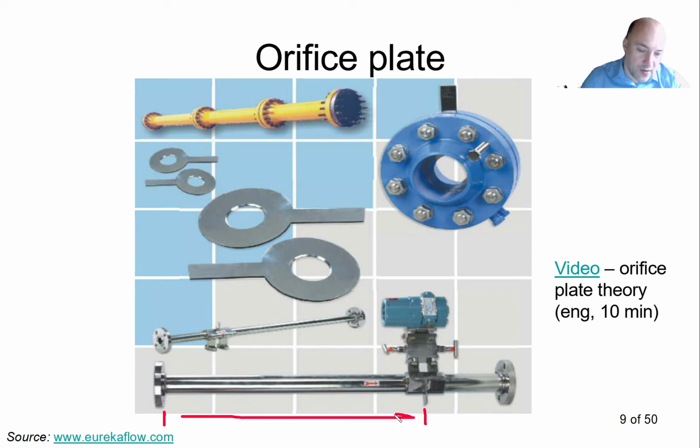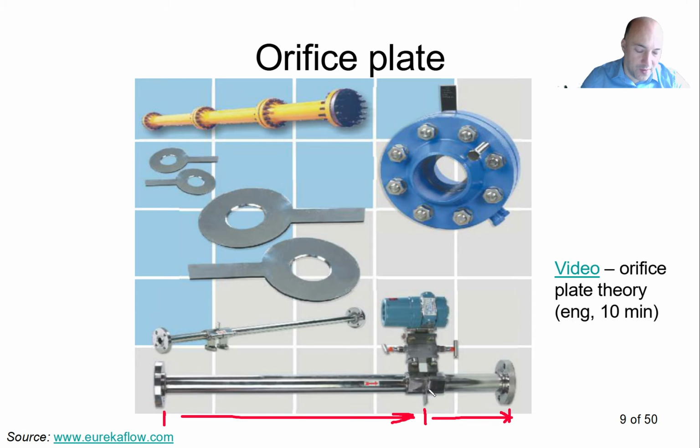So note here that there is a quite large distance between wherever you connect the orifice plate and the orifice plate itself. And then there is some small distance after the orifice plate. And again, there will be a specific reason for this distance.